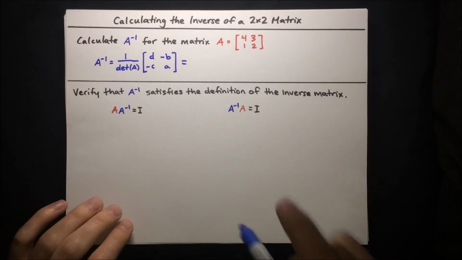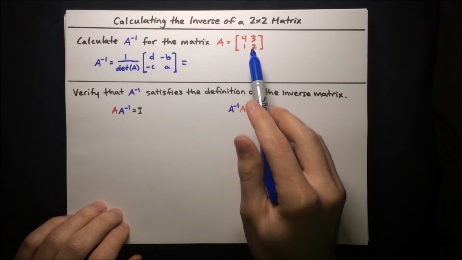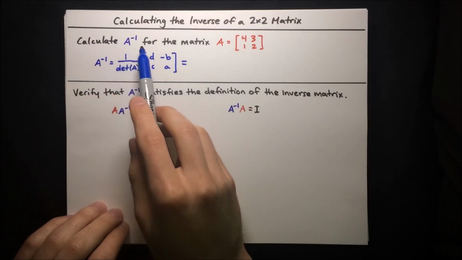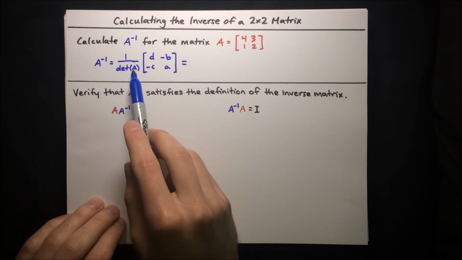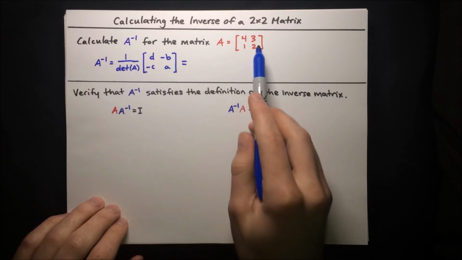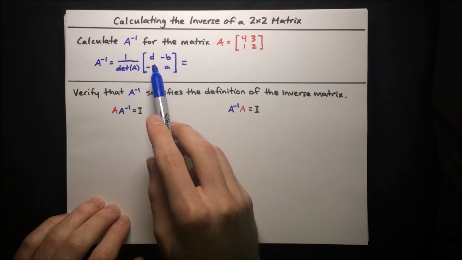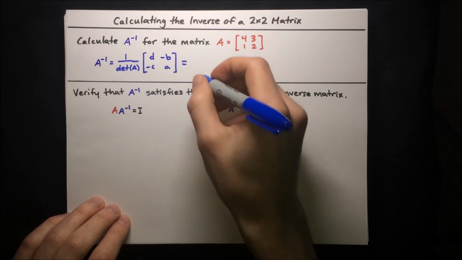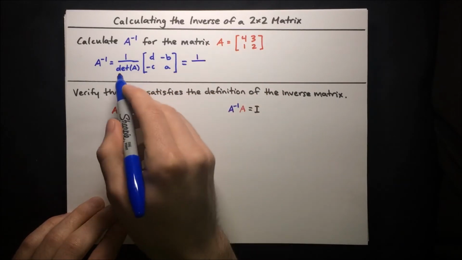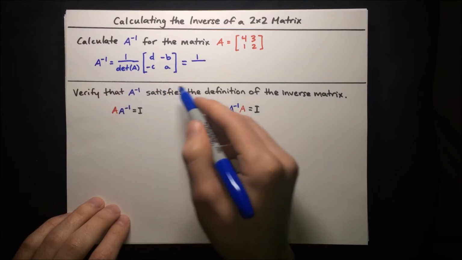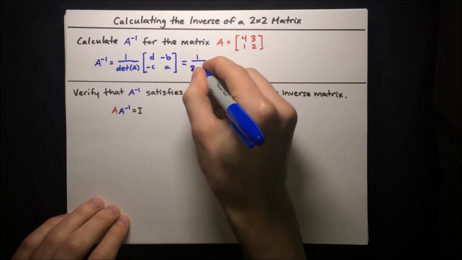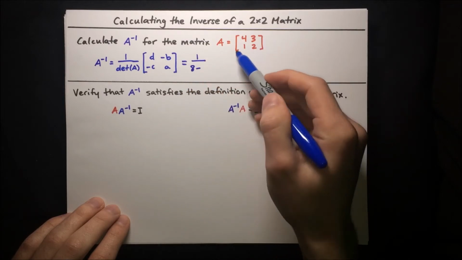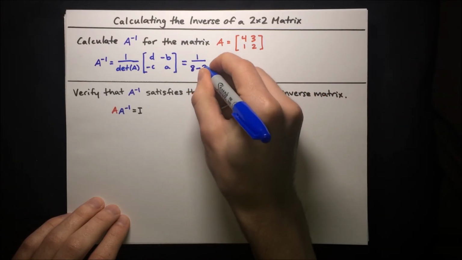Here's a matrix A, 4, 3, 1, 2, and we want to calculate A inverse for this matrix. We're just going to use our inverse formula that we went over previously. We're just going to take this information about A and plug it into the formula. So let's go ahead and do this. 1 over the determinant. Well, the determinant of A is just the product of this diagonal, 4 times 2, which is 8, then minus the product of the other diagonal, 1 times 3, which is 3.